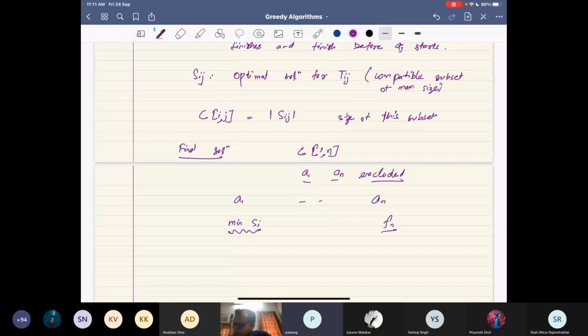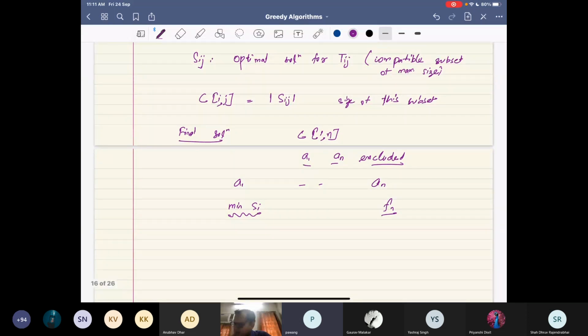So what I will do, I'll define two dummy requests. Let's say A0 such that its finish time is less than or equal to the minimum of Si, and An plus 1 such that its start time is greater than Fn.